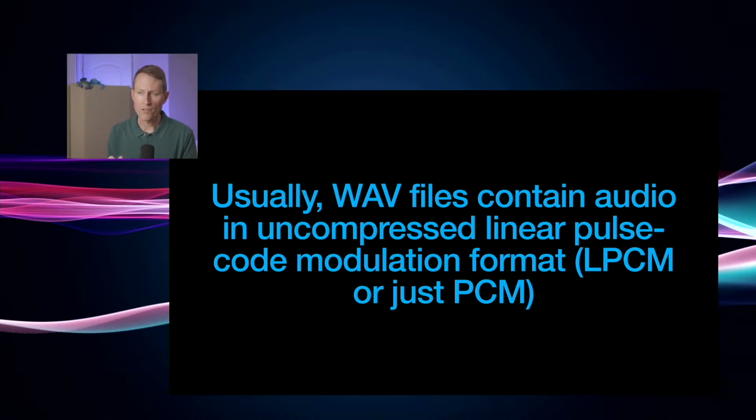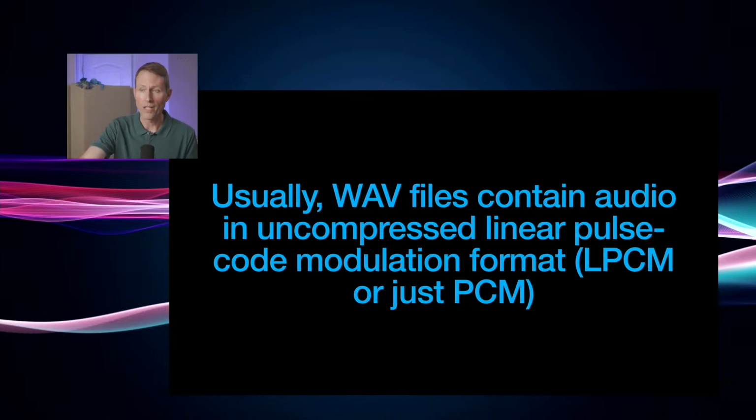Usually, WAV files contain audio in an uncompressed linear pulse code modulation format. You'll often see this abbreviated to LPCM or just PCM. And this is an uncompressed format. So this is a lossless format. In other words, they're not sacrificing audio quality to encode it into a file.